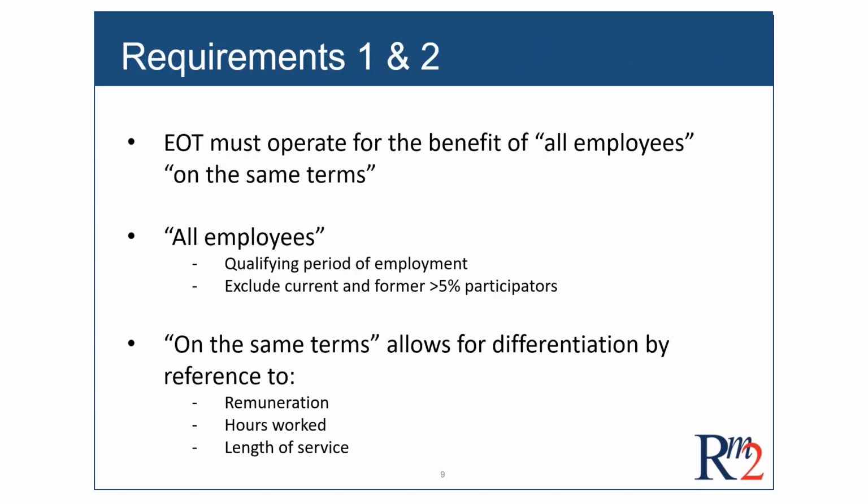So requirements 1 and 2. The EOT must operate for the benefit of all employees, and it must be on the same terms, which is where the equality comes from. The same terms means, going down to the bottom, that any benefit which is going to be passed on by the trust needs to be done in an objective way.